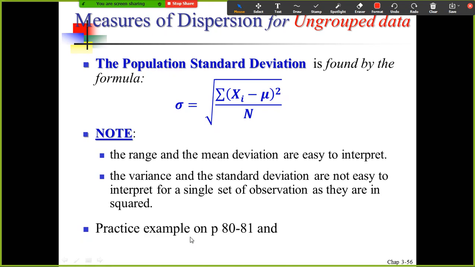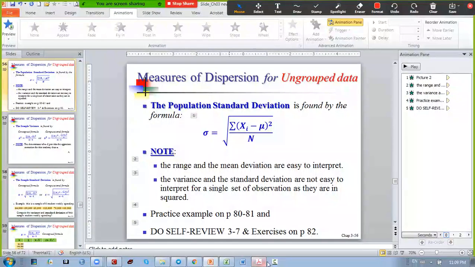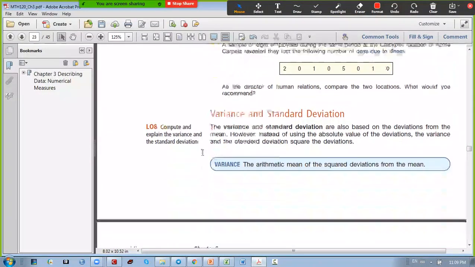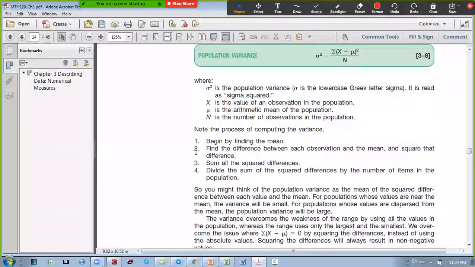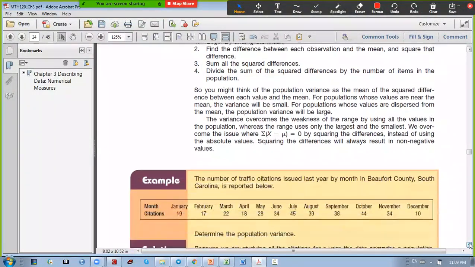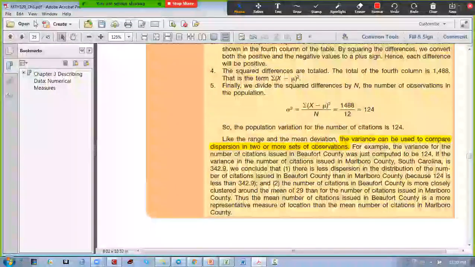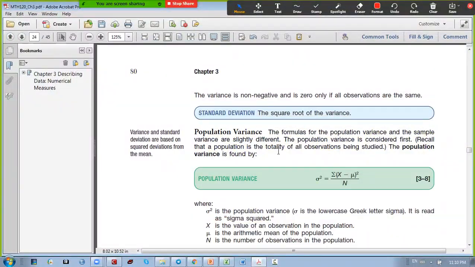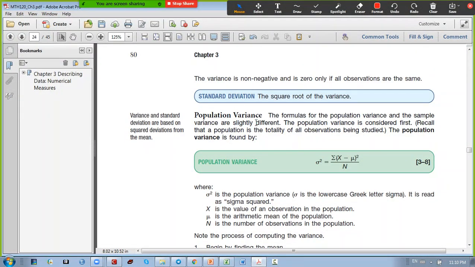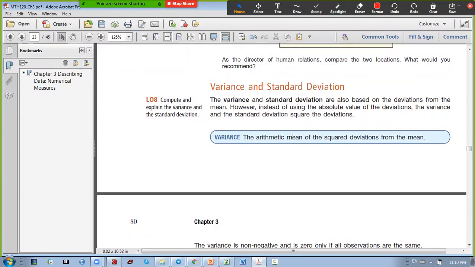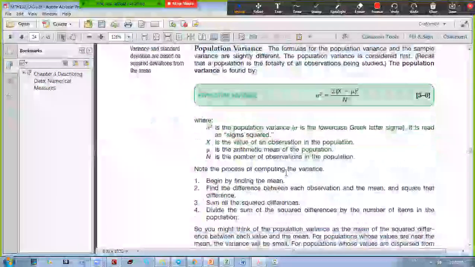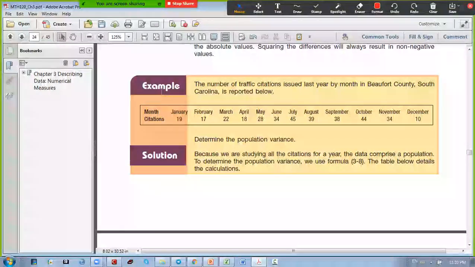You can go to the textbook again. If you go to the textbook on page 80, you can see standard deviation and variance here. You can see study examples here, and they have solutions for you.